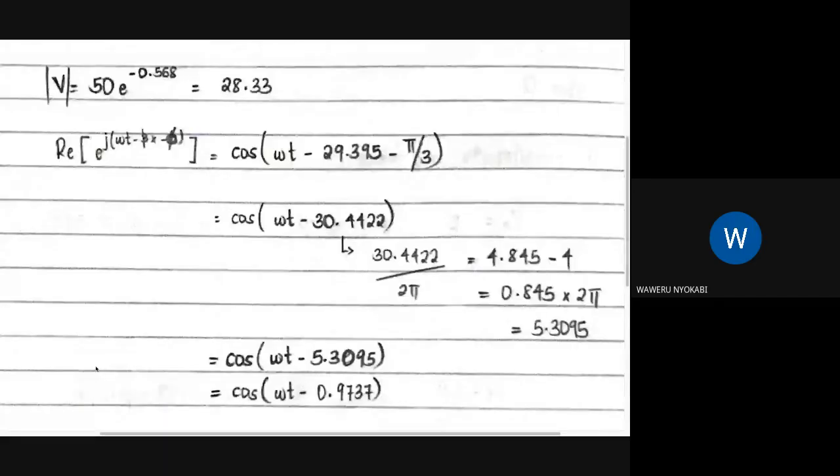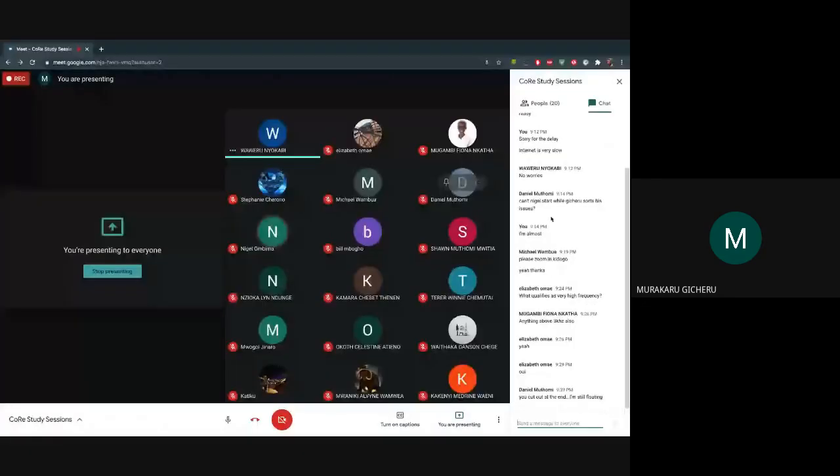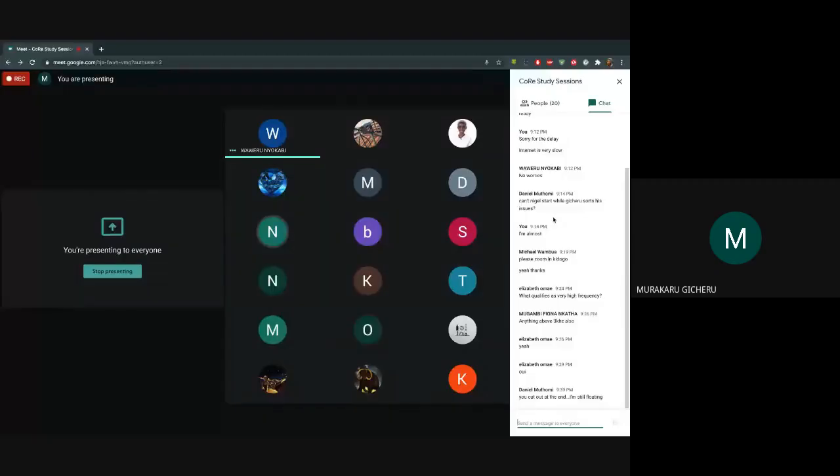Okay. There was a point when you were explaining that you were cut out, so we didn't quite get your explanation. Is it possible for you to repeat? Where exactly did I get cut out? At what point?